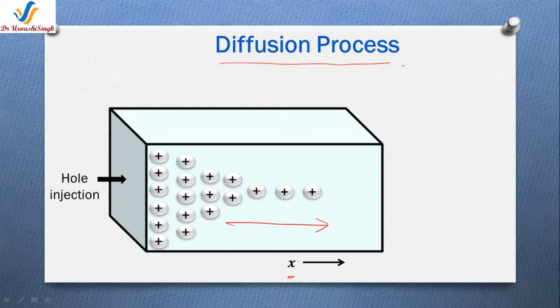Here you should remember the point that there is no source of energy, that is the electrical field, as you have seen in the drift current.